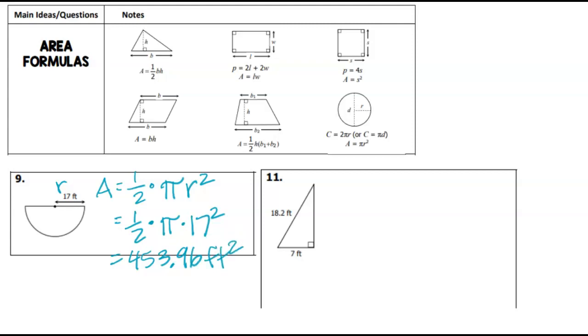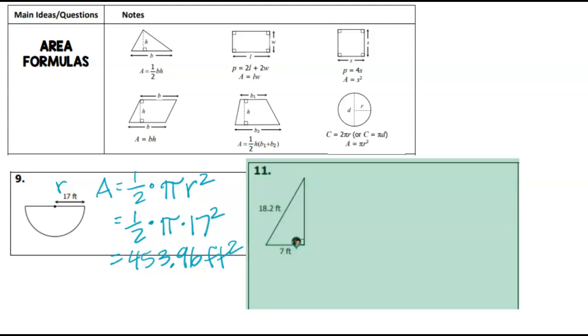All right, number 11. We have a triangle here, and actually we are missing something for our triangle formula. I see that for triangles, I need 1/2 and then base and height, and what I actually have here is the base, but I don't have the height.